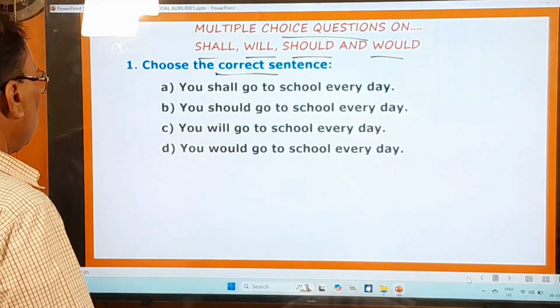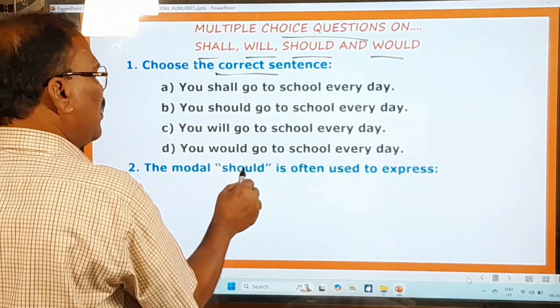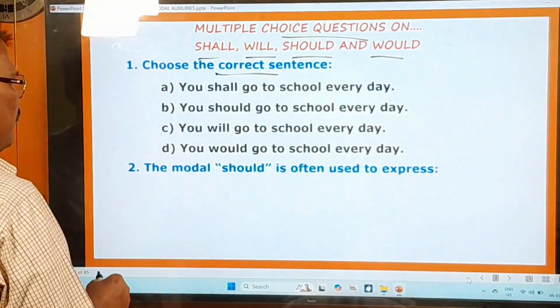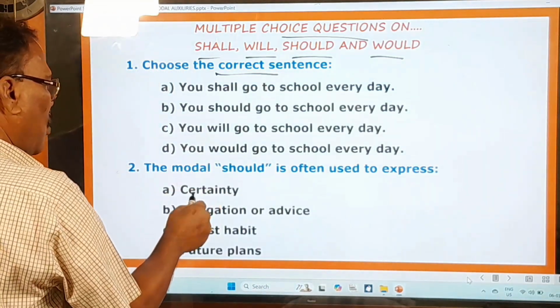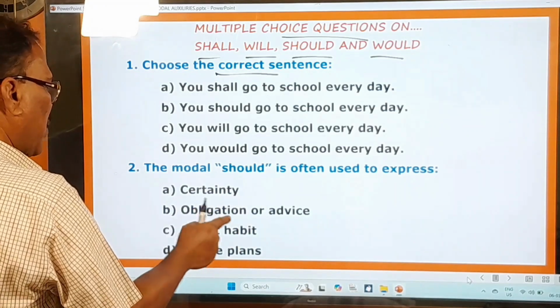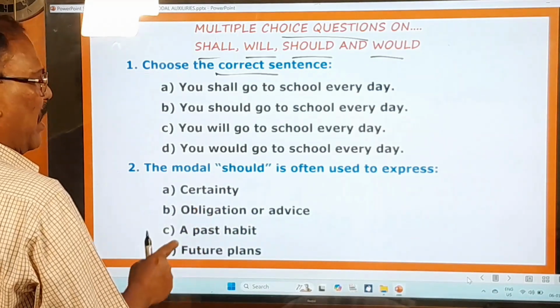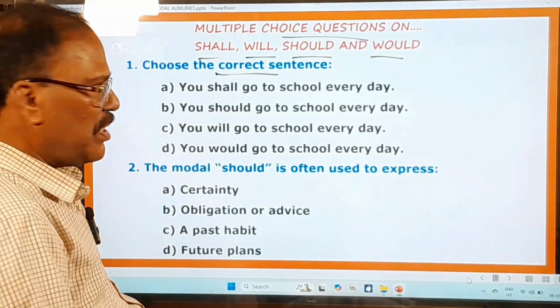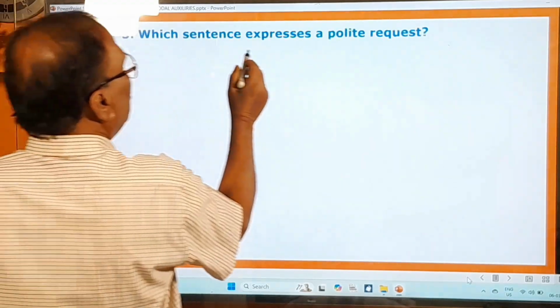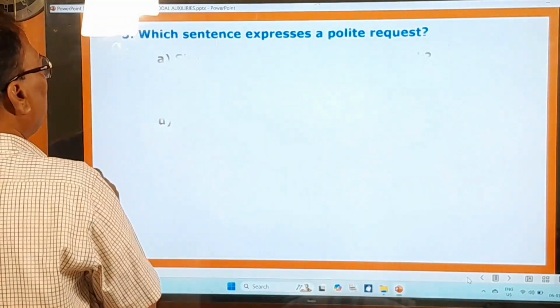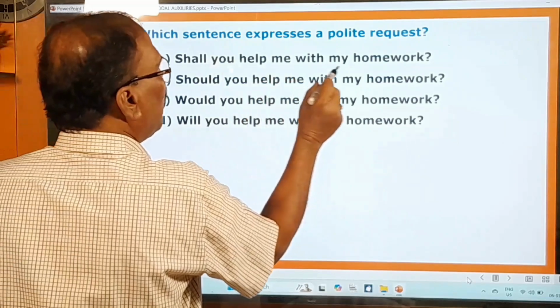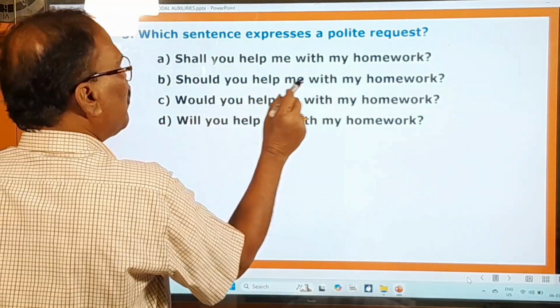Okay, you move on to the second question. The modal should is often used to express what? Certainty, obligation or advice, a past habit, future plans. Okay, you move on to the other questions. Third question, which sentence expresses a polite request? Shall you help me with my homework? Should you help me with my homework?